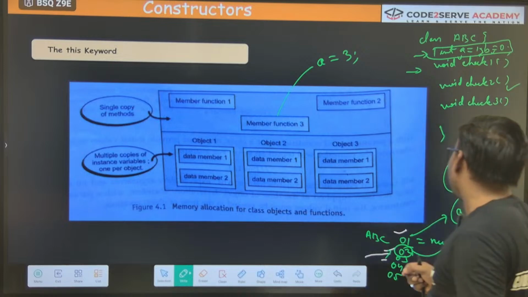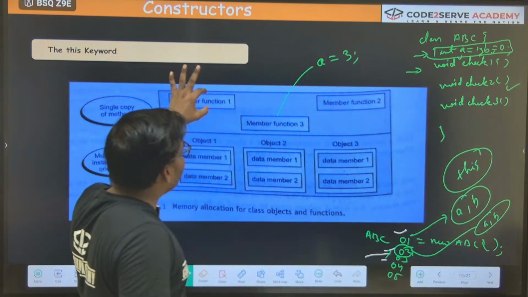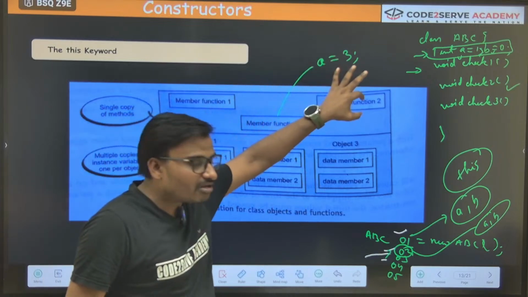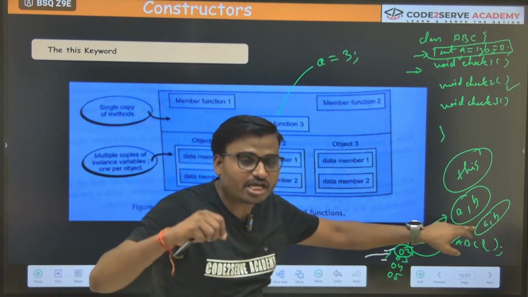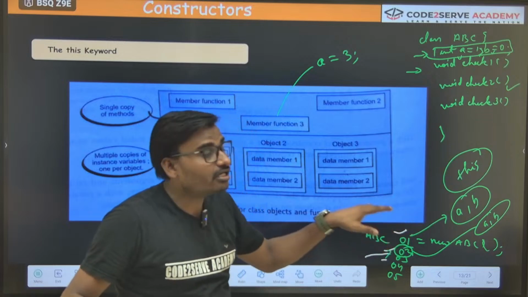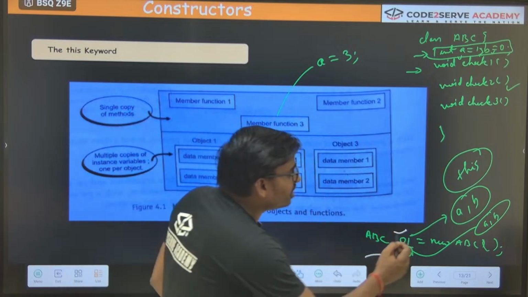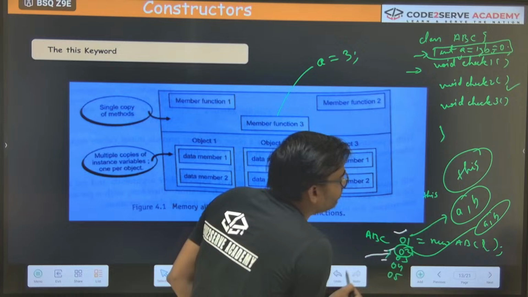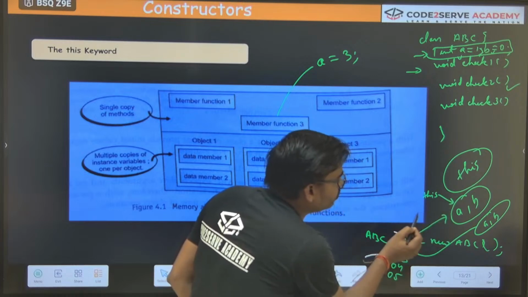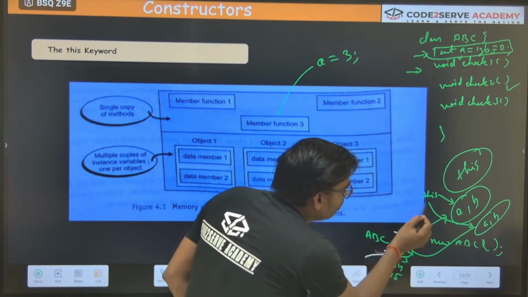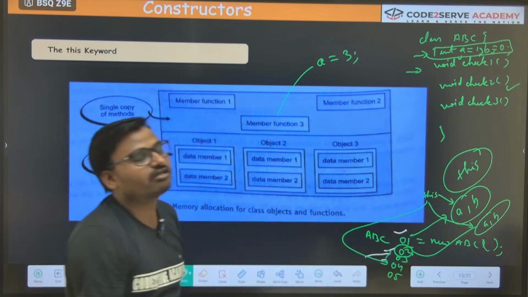Later on, if member function 1, member function 2, or member function 3 is trying to change the value of A and B, this keyword helps to resolve whether I am pointing to this object, or that object, or object 4.